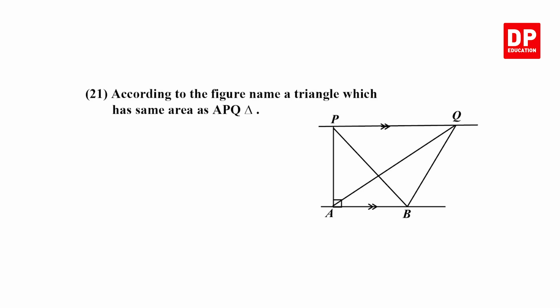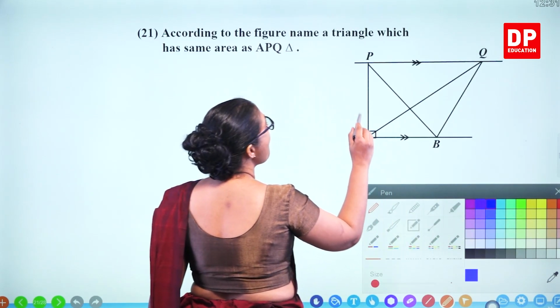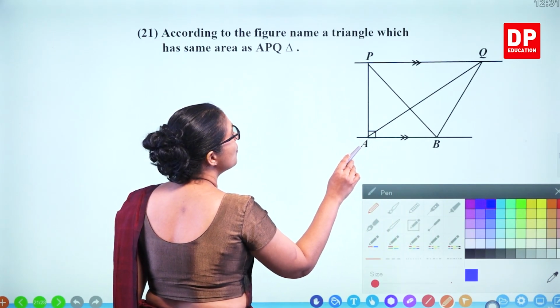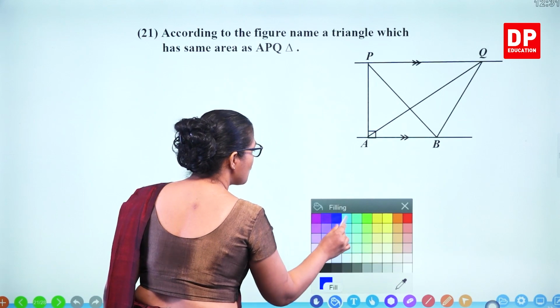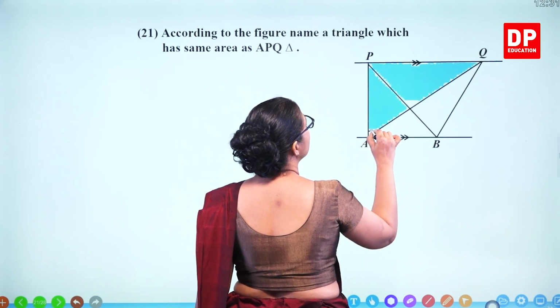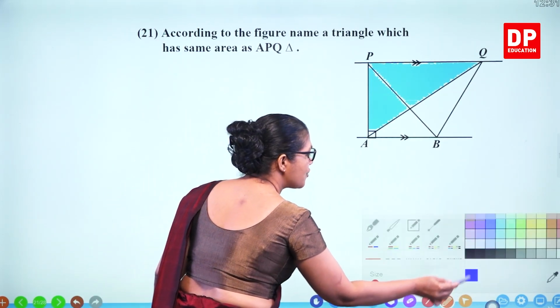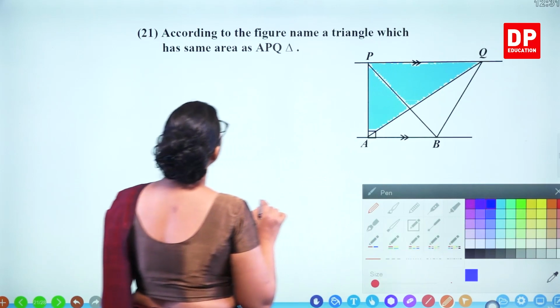Question number 21. According to the figure, name a triangle which has same area as APQ. So let's look at it. APQ, so this triangle. So we'll give a color APQ. This triangle. What's the equal triangle to that?